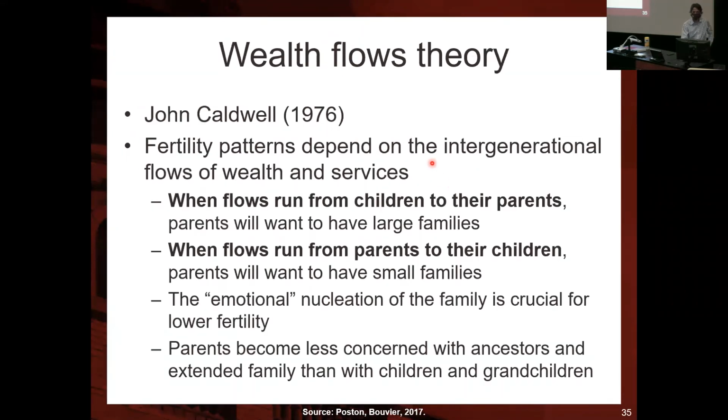The wealth flows theory is more based on theories developed by economists. John Caldwell said that fertility patterns, how many children we have in specific societies, depend on the intergenerational flows of wealth and services.